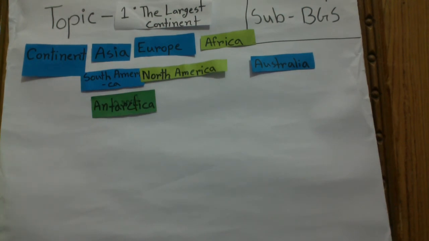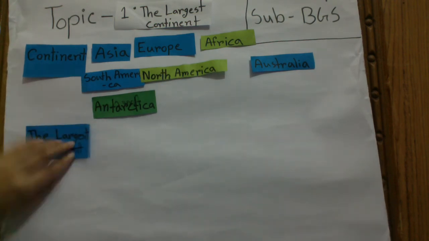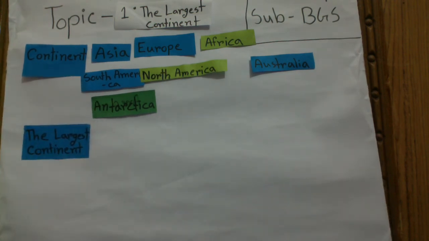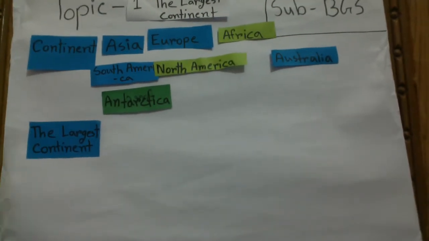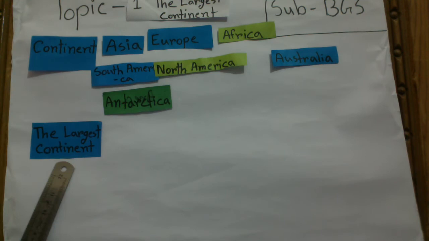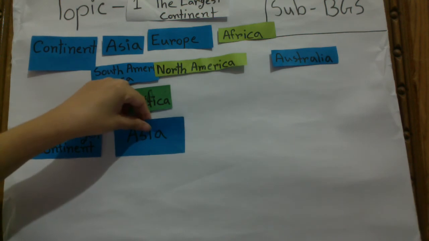Okay, after that, we have to learn the largest continent. Do you know which one is the largest continent of the world? The largest continent of the world is Asia.